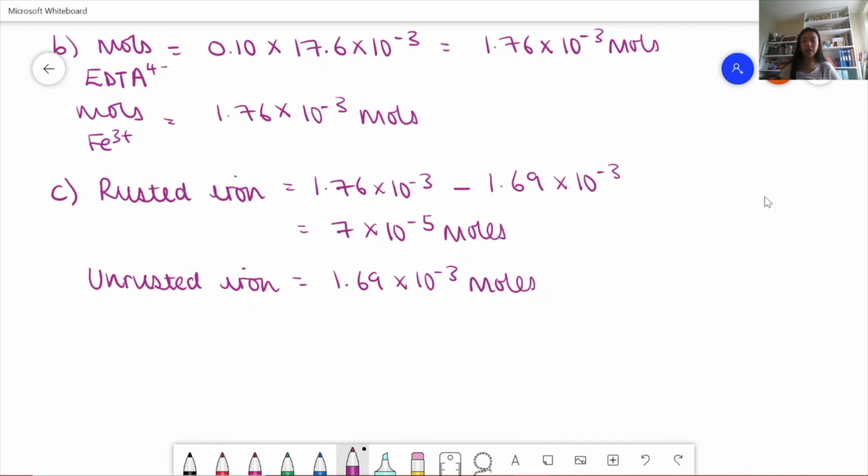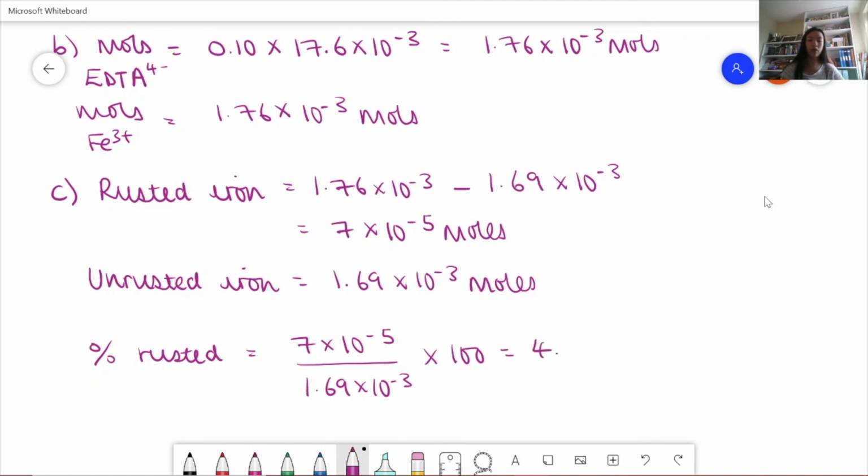So the percent rusted is equal to the rusted over the unrusted times by 100. And this is equal to 4.1%. And the ratio between rusted and unrusted is 7 times 10 to the minus 5 to 1.69 times 10 to the minus 3. That's the ratio.